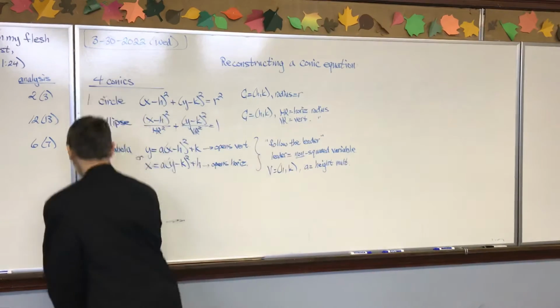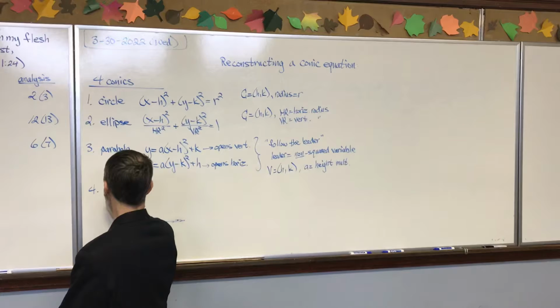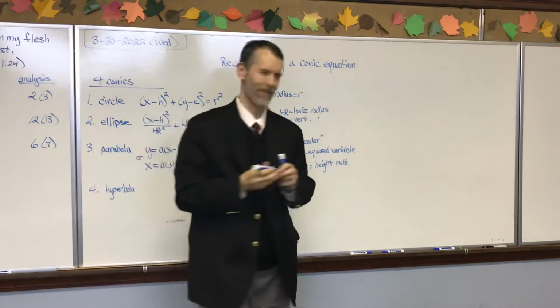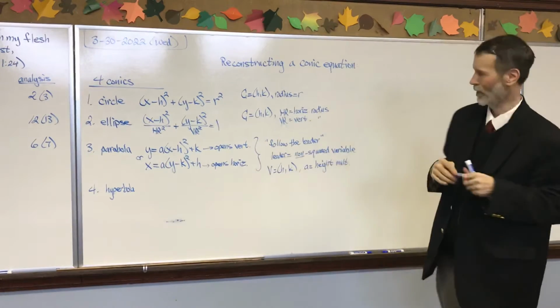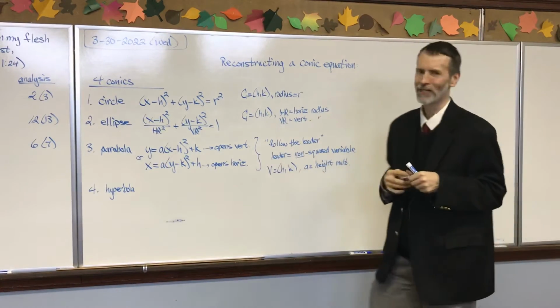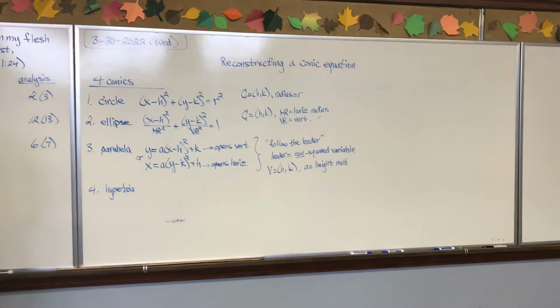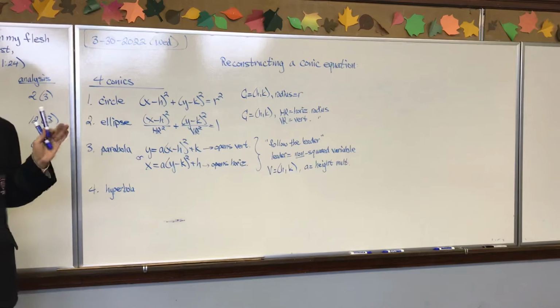We just covered yesterday hyperbola. Again, good news and bad news on this. The bad news is you got 2 more formulas to memorize. The good news is they're almost identical to the previous 2. What does the hyperbola formula look a lot like?